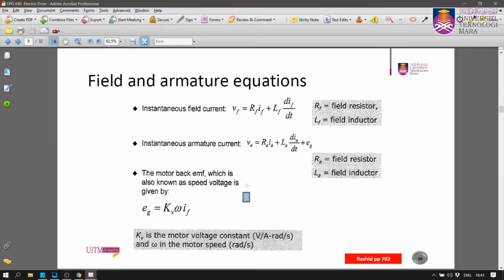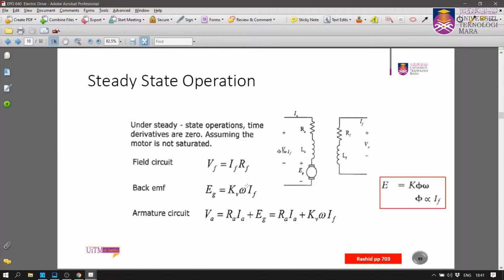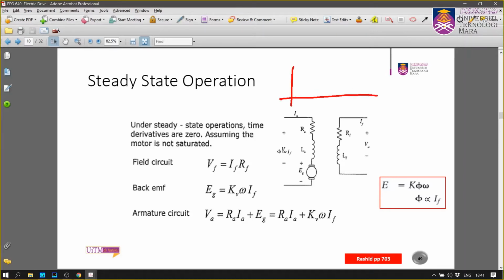Okay, nothing new. So under steady state operation, if you may sketch the omega, you do this. So this is your omega. Therefore, if you talk about the derivative of the parameters, for example d omega over dt, what does it mean? The rate of change over time, isn't it?